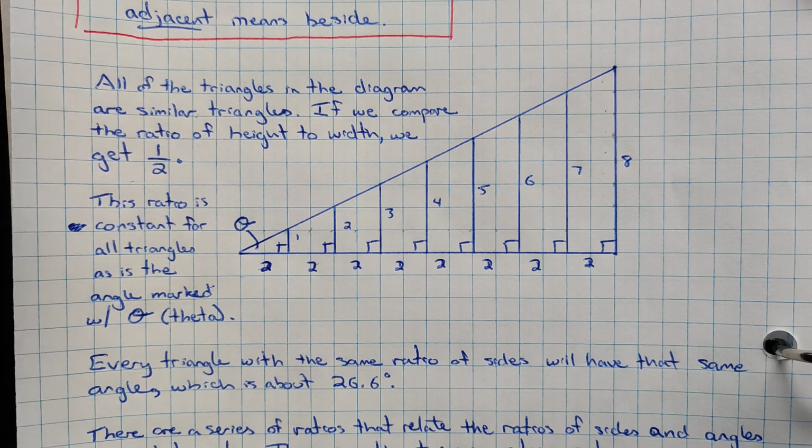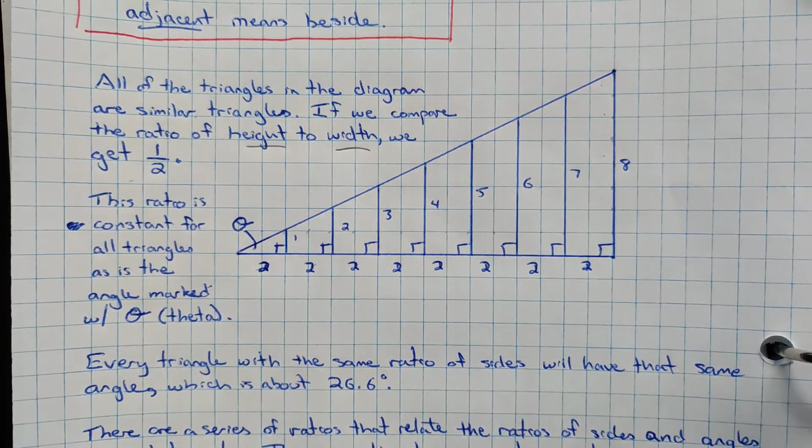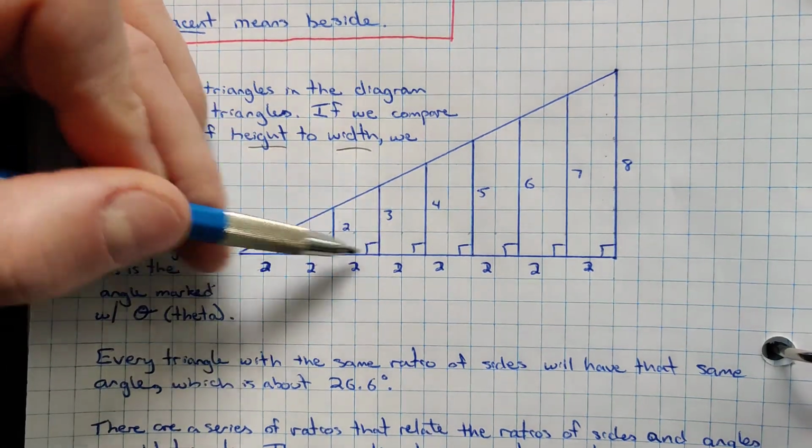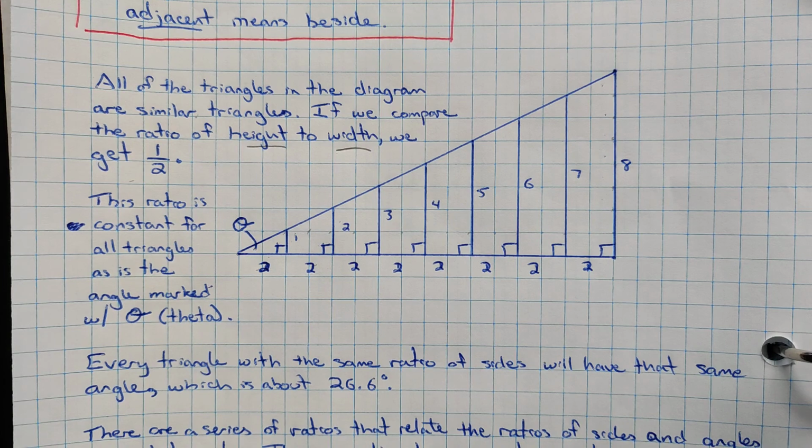If we compare the ratio of the height to the width in each case, then we get 1 over 2, 2 over 4, 3 over 6, and so on. They're each 1/2, and this ratio is constant in all those triangles.